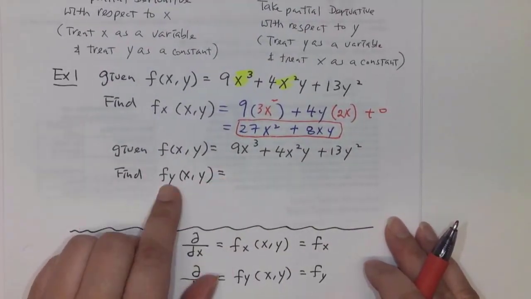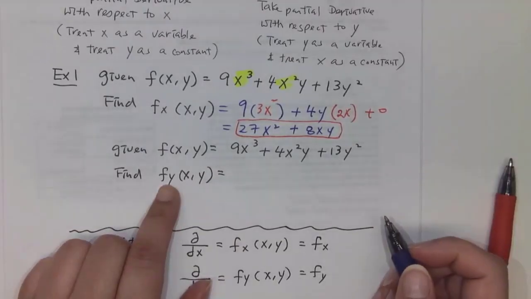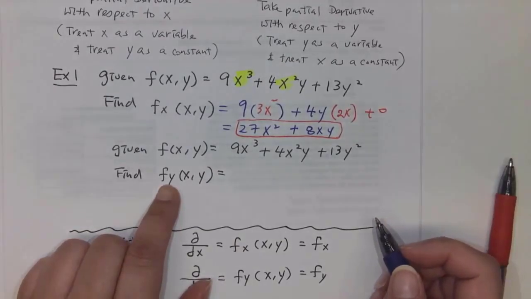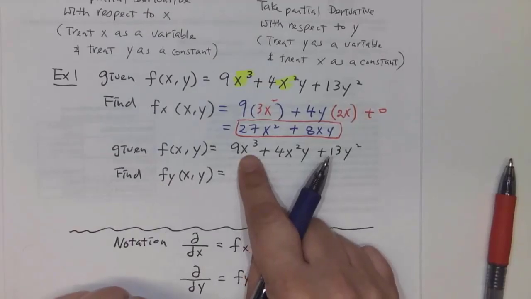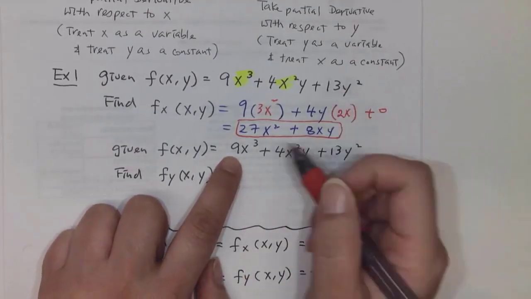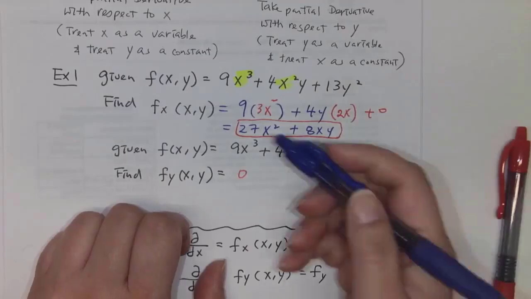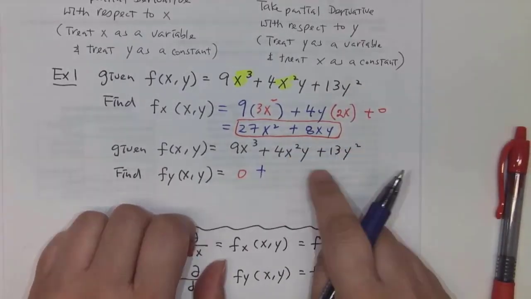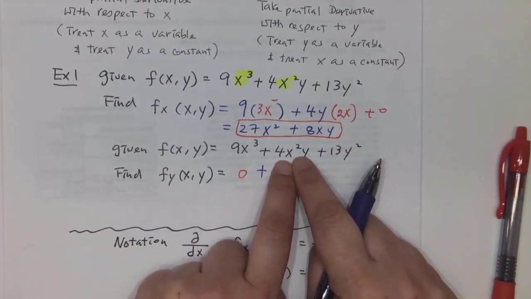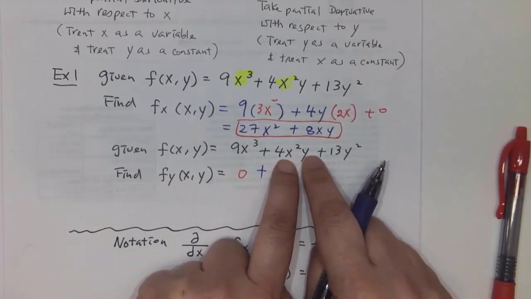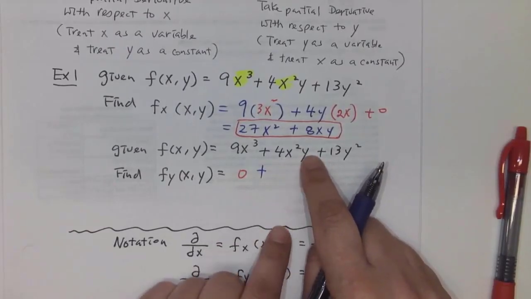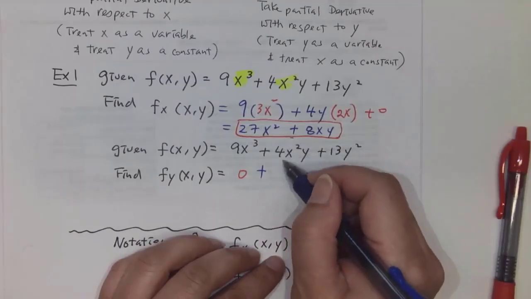The next one is treating y as variable and x as constant. Then this whole term is constant, right? So it's going to become just 0. And for the second term, again, 4 and x squared are constant. I'm taking the derivative of y, so we get what? This whole thing is constant.